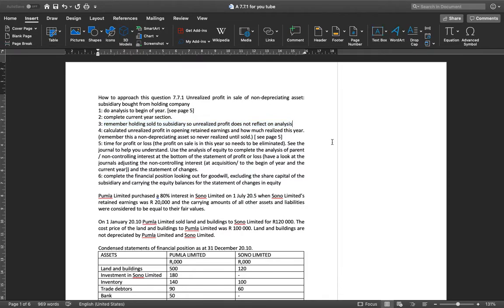And there I'm saying that in point 3 there. Remember, if it's sold by the holding company to the sub, it's not going to reflect on the analysis because the NCI has got no interest in it and it's not sold as equity.